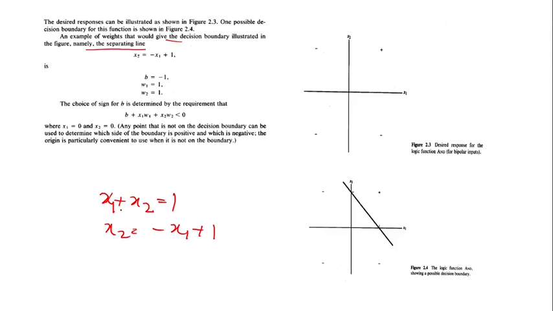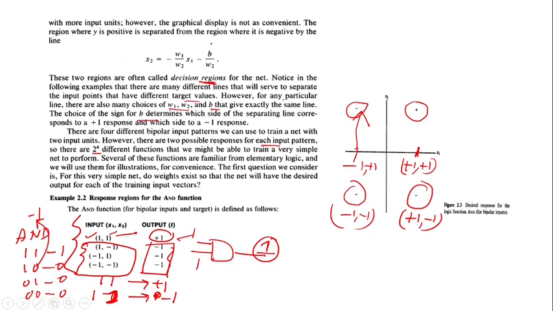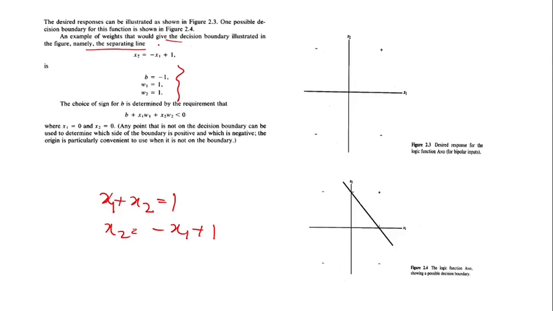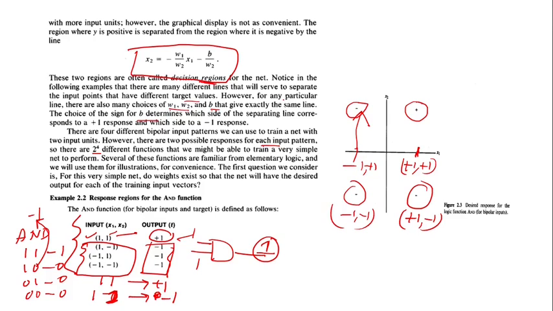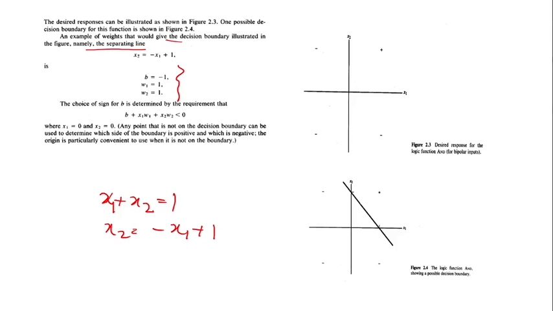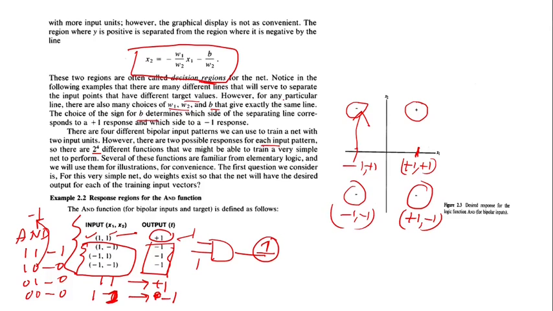Now in this case, what is happening? Here we have this function, x2 equals minus x1 plus 1. Comparing with the general form, x2 equals minus W1 by W2 times x1 minus B by W2.